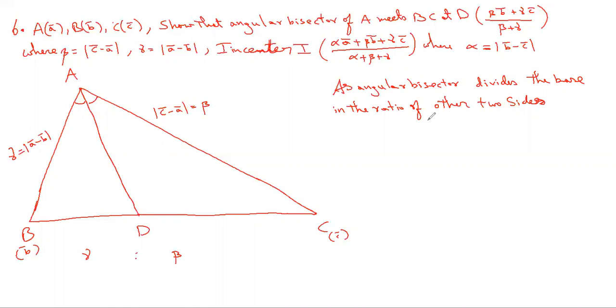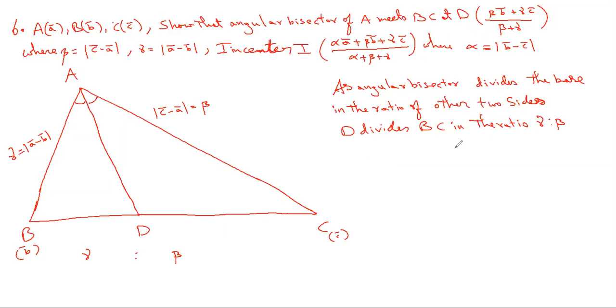Using this, D divides BC in the ratio gamma is to beta.